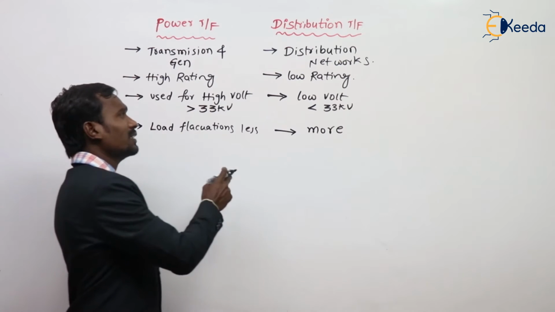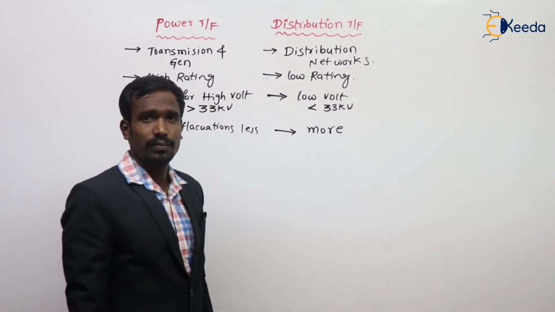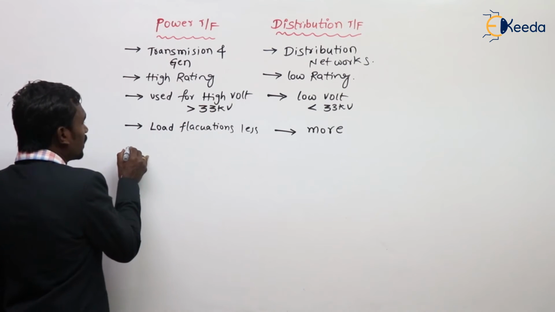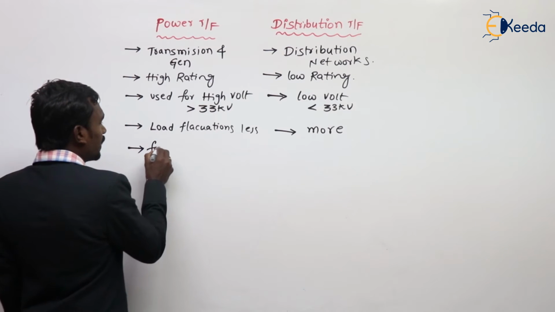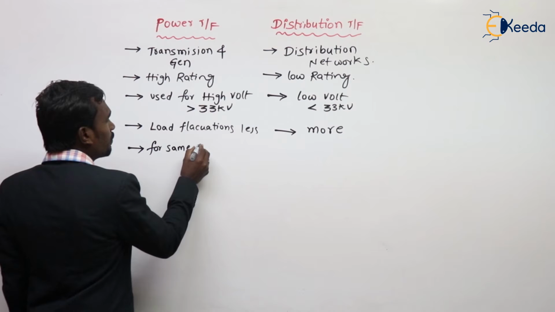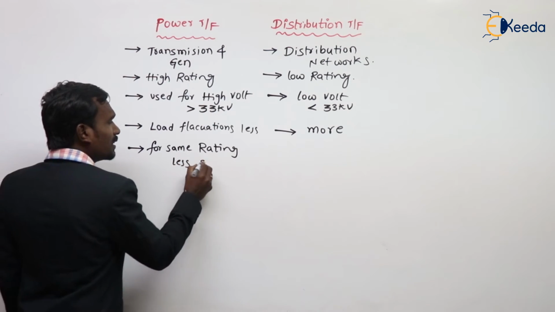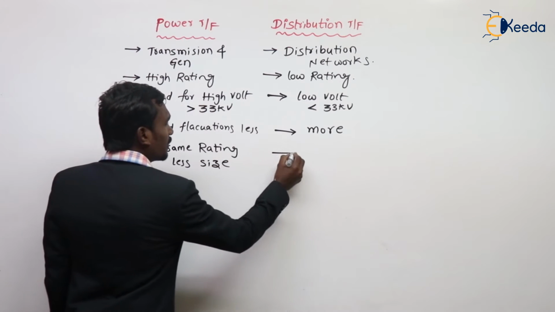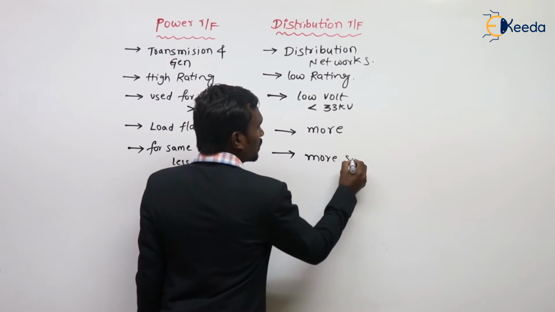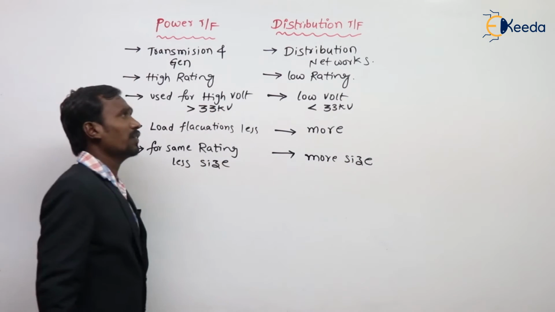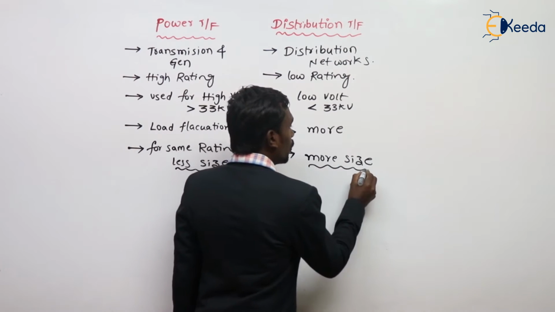And next one, in size point of view, for the same rating, the power transformer is lesser in size, but the distribution transformer is more in size.